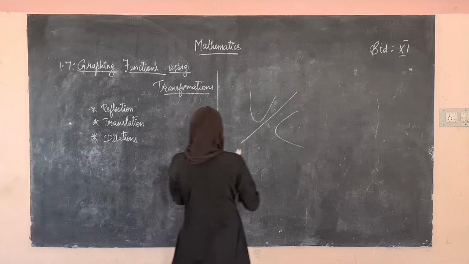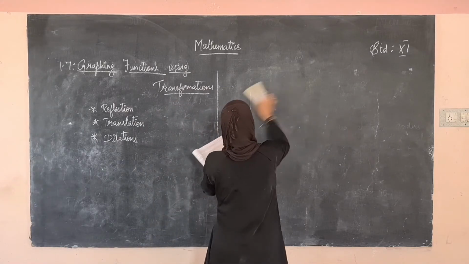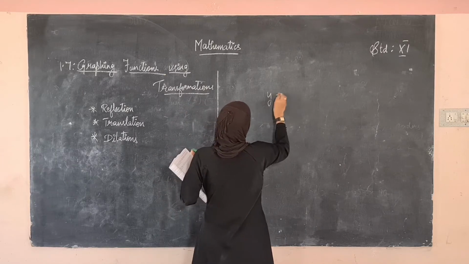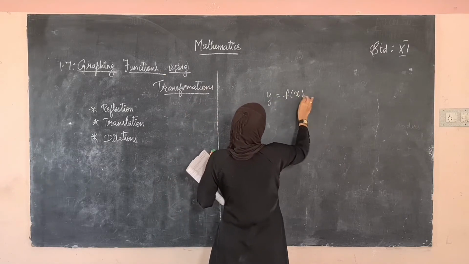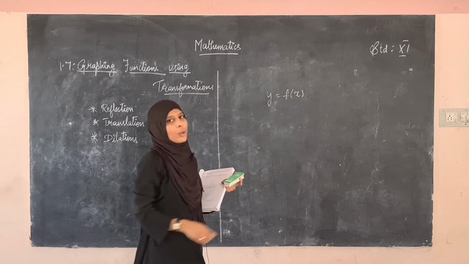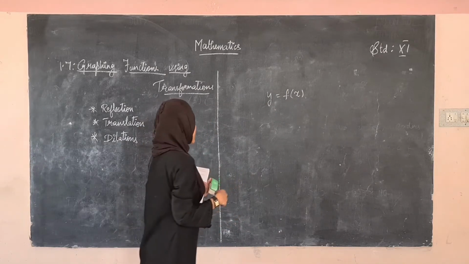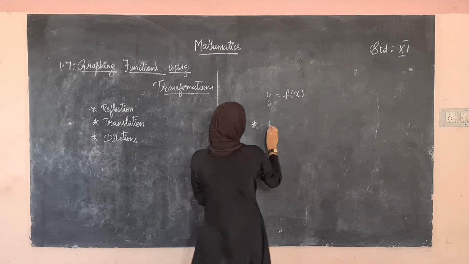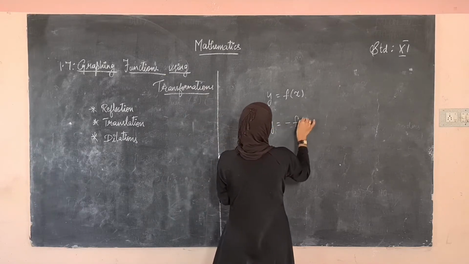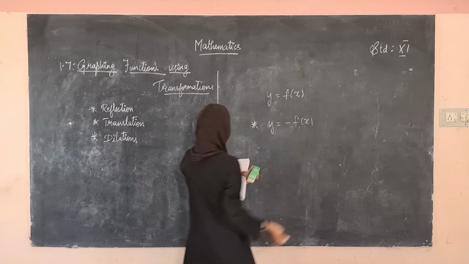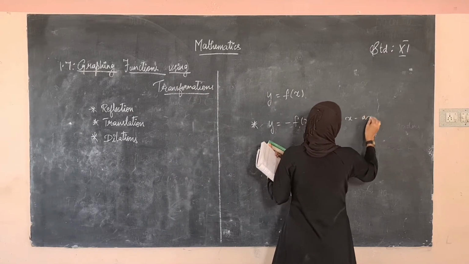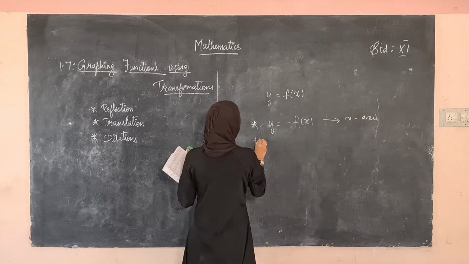For the condition, see here, if there is a function y is equal to f of x, how are we going to transform it using the reflection? There are also three types. That is y is equal to minus f of x, then the reflection is about the x-axis.